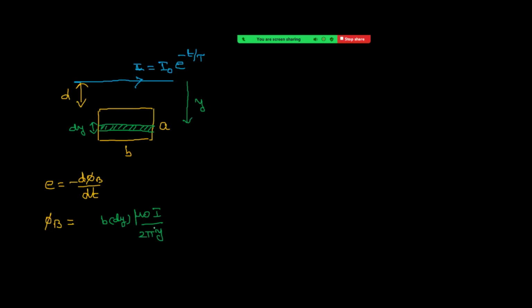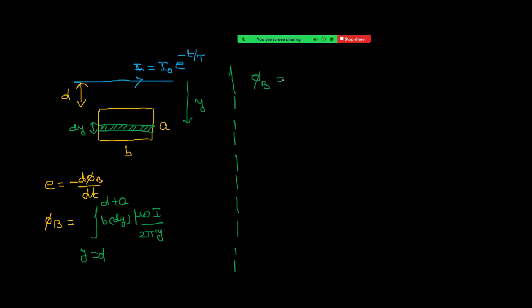Like this, we have to take all rectangles from y equal to d to y equal to d plus a. So I have to integrate, and that gives the flux. I hope you are getting clarity on why we have taken the integration. Now calculate this.